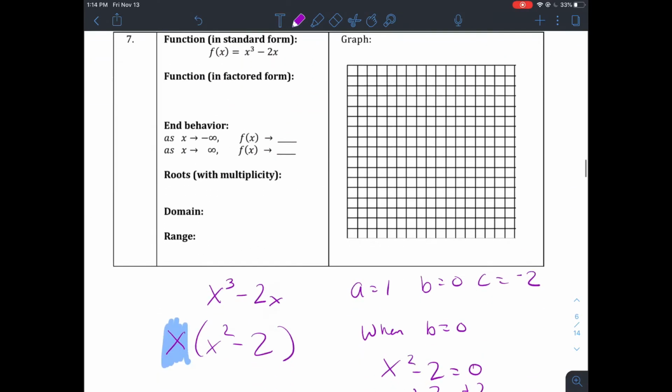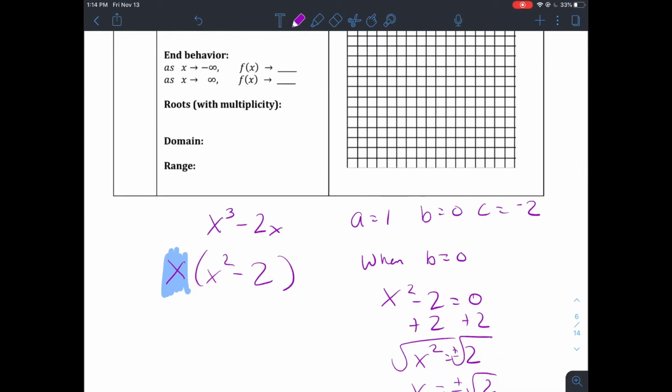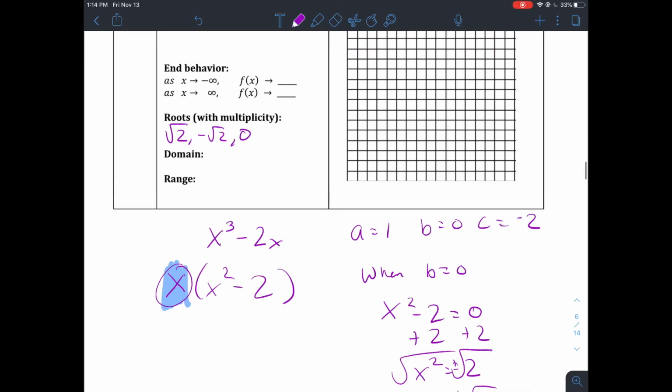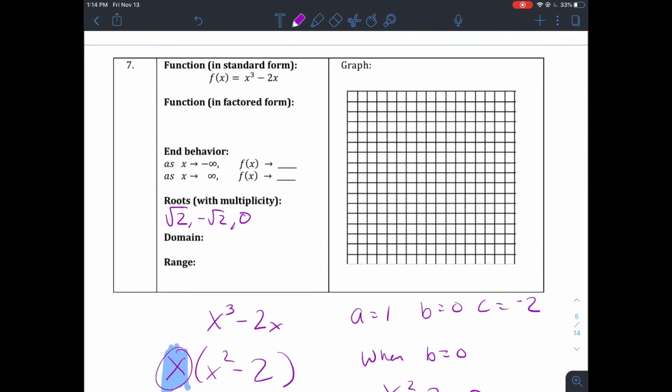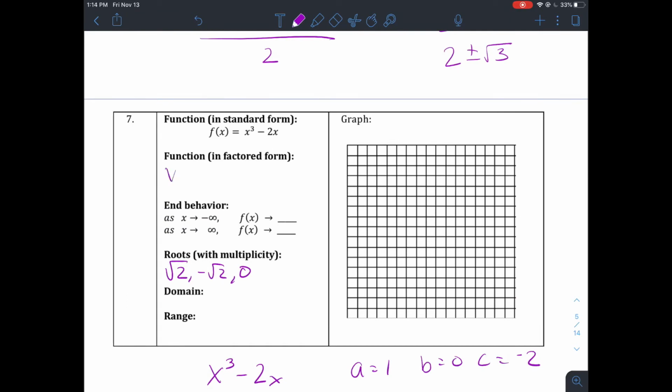So your other roots here are positive root 2 and negative root 2, and then if x is a factor, you can set that equal to 0, you get 0. If x is a factor, you know you have a root of 0. All right, very cool. So now the function in factored form is x minus root 2, x plus root 2, and x.